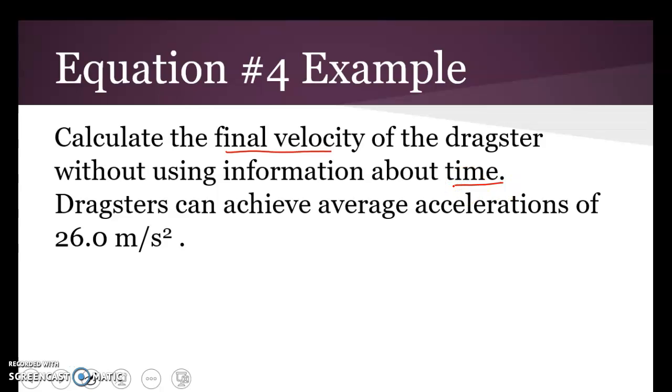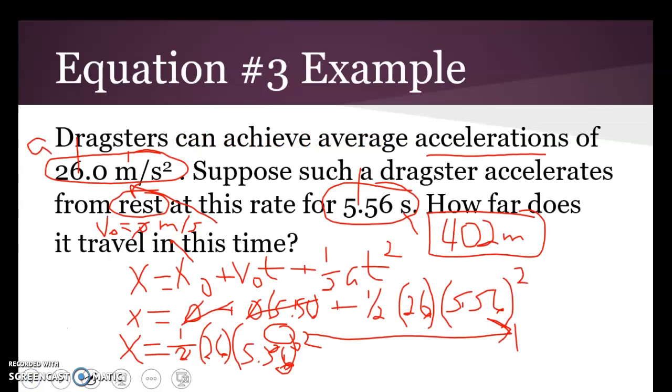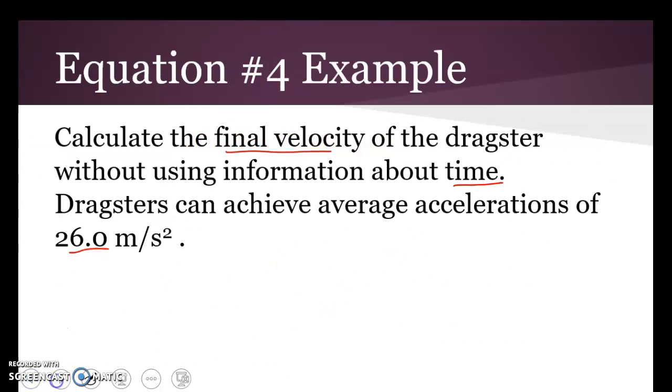Dragsters can achieve average accelerations of 26 meters per second squared. So we want to find final velocity without knowing about time. Our distance in this case we've solved for is 402 meters, okay? So we're going to say v squared, or v final squared, is equal to v0 squared plus 2 times my acceleration, final position minus initial position.